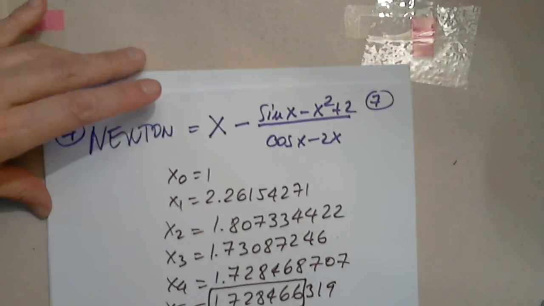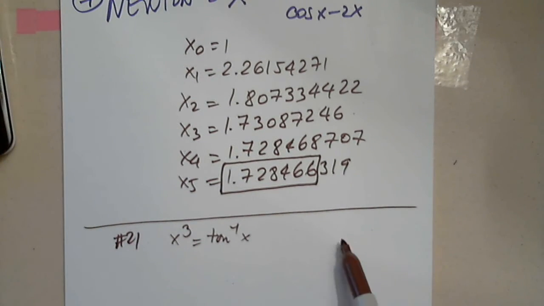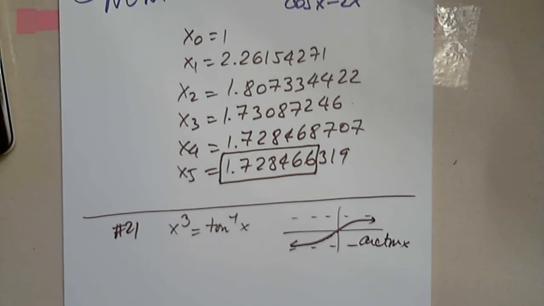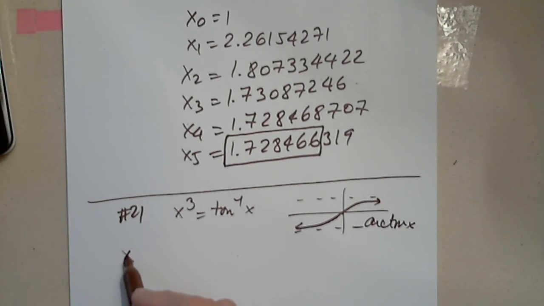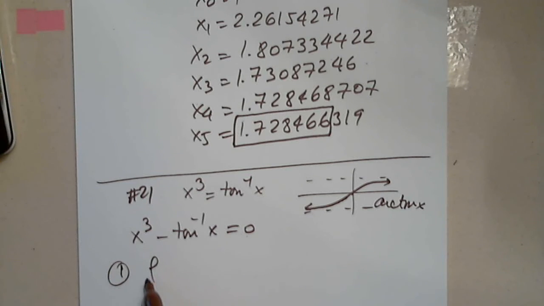Good. So again, if you remember, arctangent is a function that is defined everywhere. Not a problem. So arctangent x. So when I create this, I know that the function is x to the third minus tangent inverse.